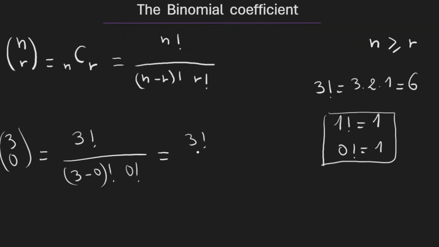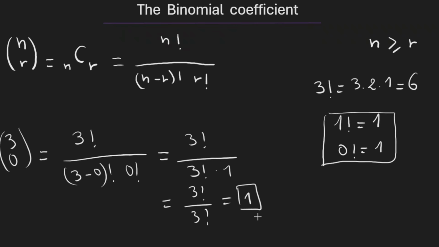So 3 factorial over 3 factorial times 0 factorial, which is 1. 3 factorial over 3 factorial gives you 1. So whenever you have r equal to 0, the binomial coefficient is always equal to 1.